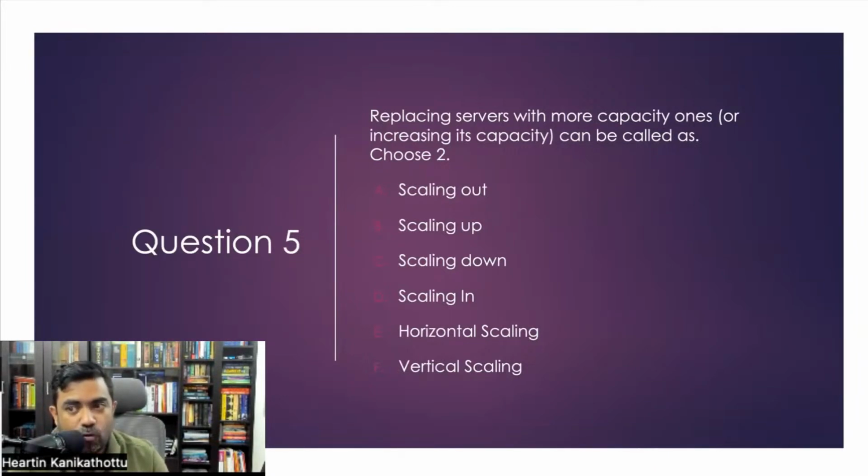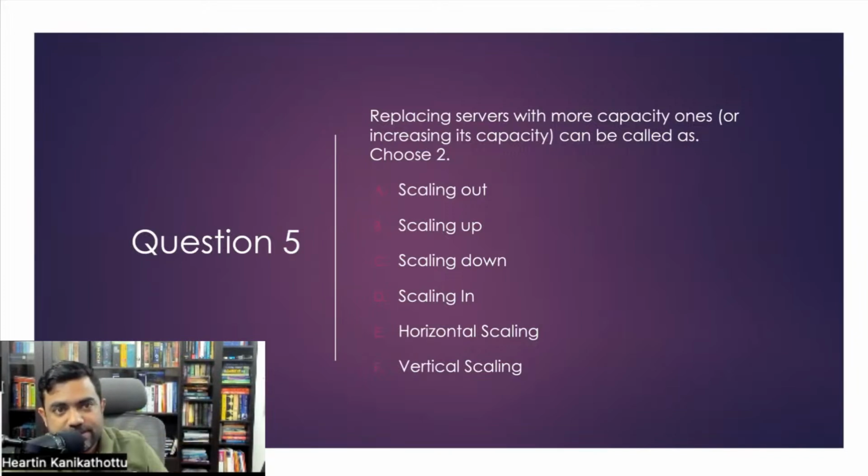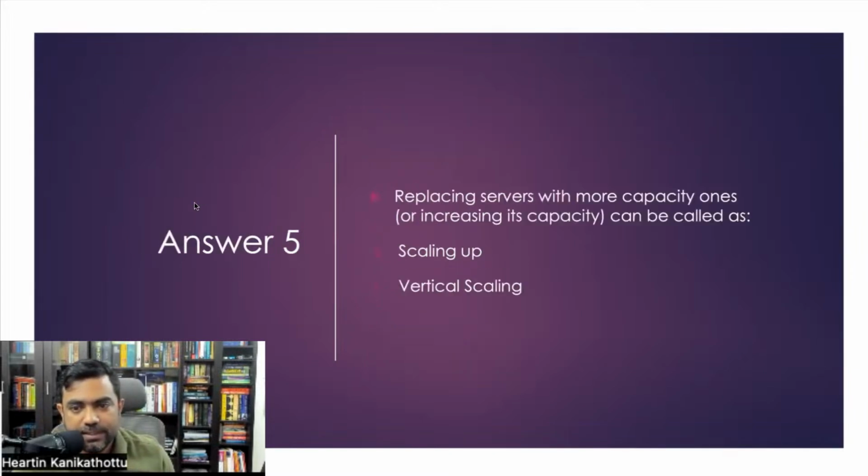So we learned this, right? Replacing with more capacity ones is vertical scaling. Vertical scaling means going up or down, right? So one option is definitely F. What is the other option? Going up means scaling up. So what is the answer? It is BF. Okay, clear?